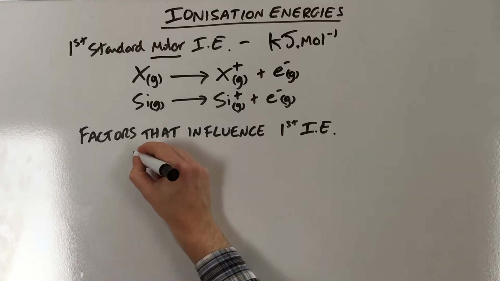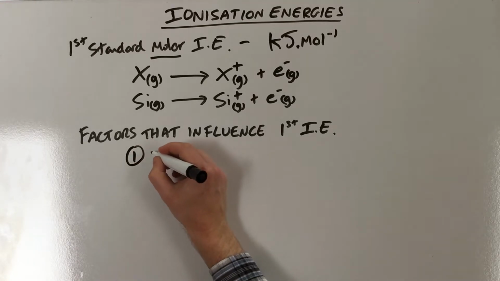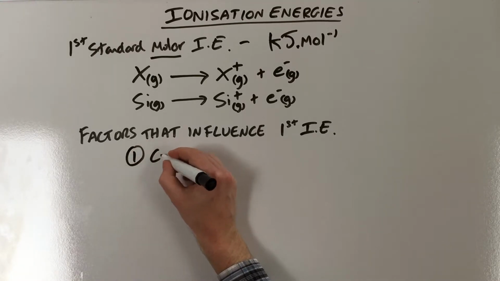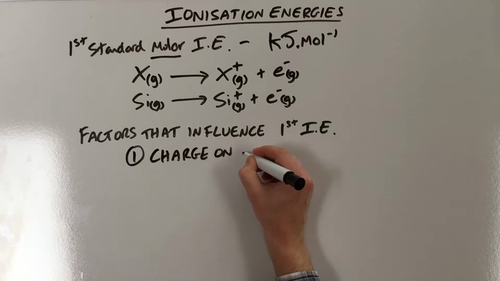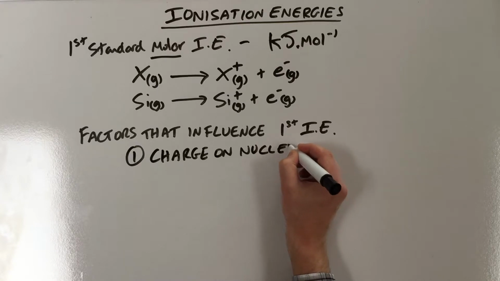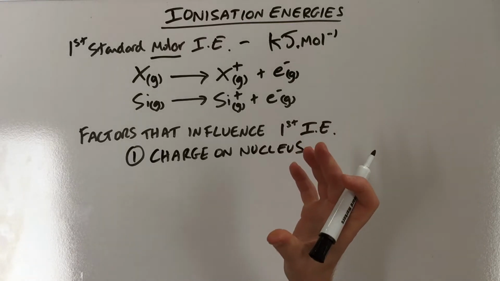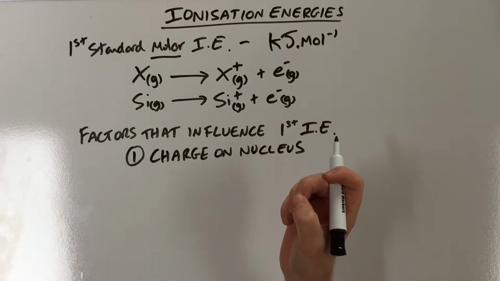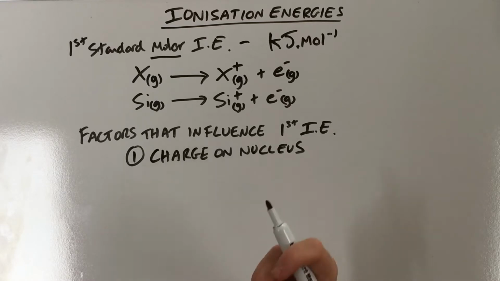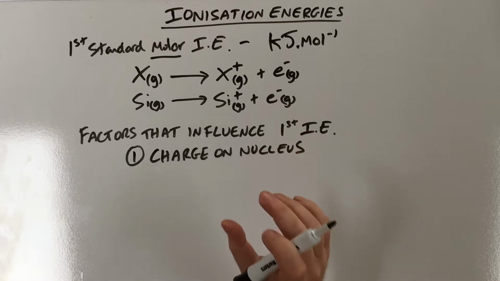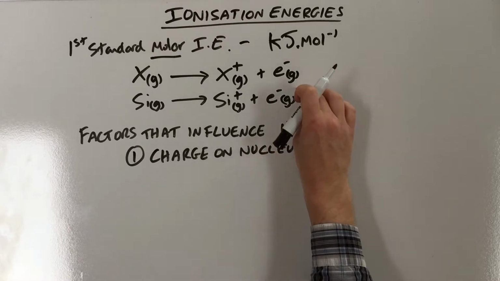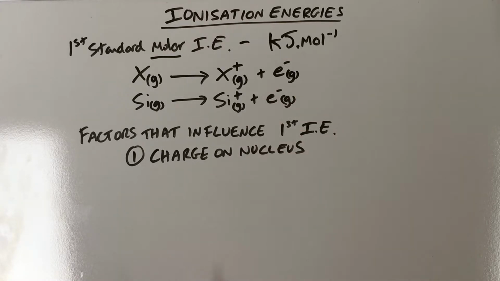The first one, and probably one of the most important, is the actual charge on the nucleus. As you would expect, the greater the charge in the nucleus, the more protons it has, the more difficult it is to remove that electron, because the attraction is greater.